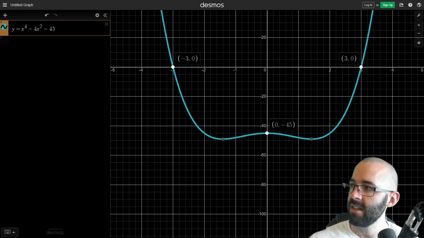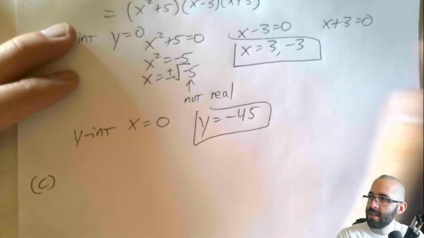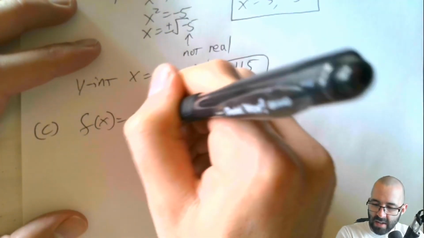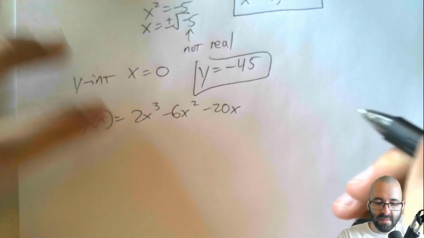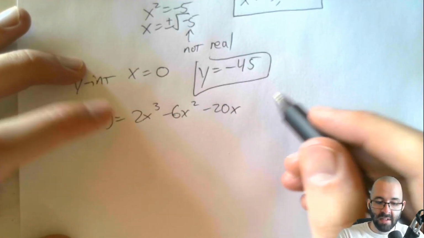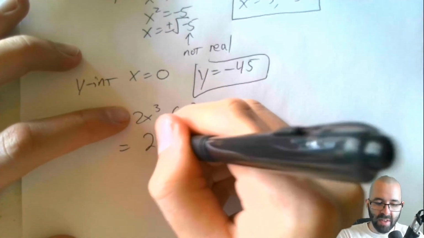All right. Do the last one. Part C. Okay. Going to be f of x is equal to 2x cubed minus 6x squared minus 20x. Again, this is a trinomial, but this time there's a common factor. Okay. We can take out a 2x from everything.